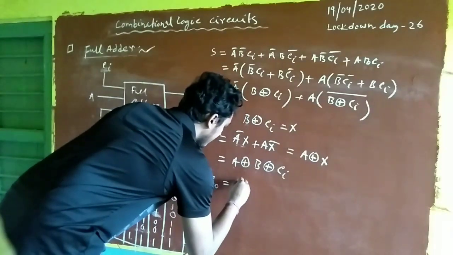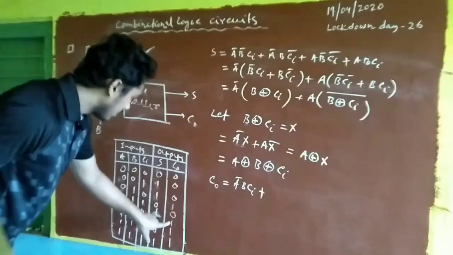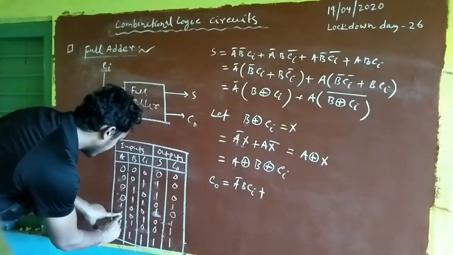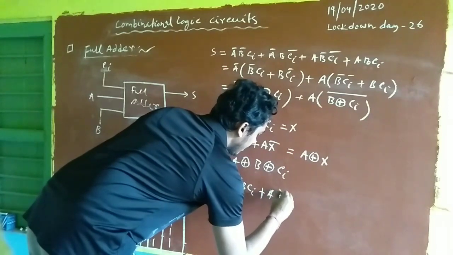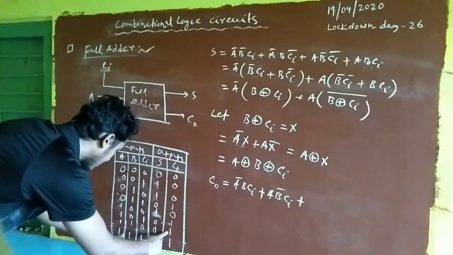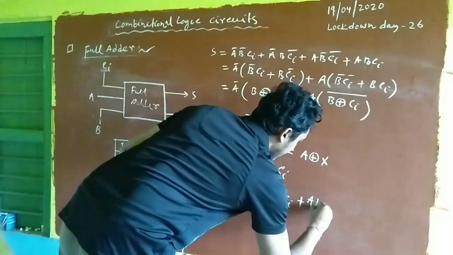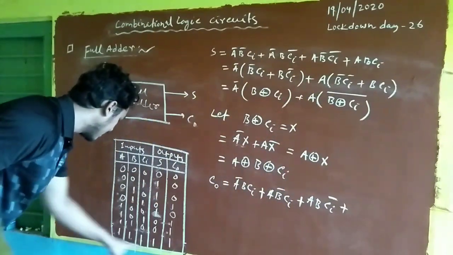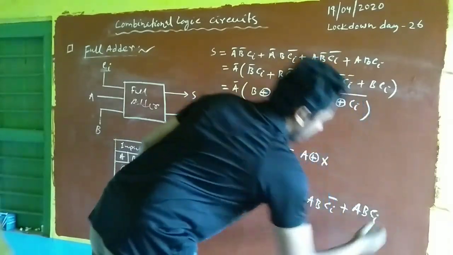So I am writing A bar B Ci plus, for this one, the corresponding input combination is A B bar Ci. So A B bar Ci plus, for this one, A B Ci bar. And the last term, that is A B Ci.